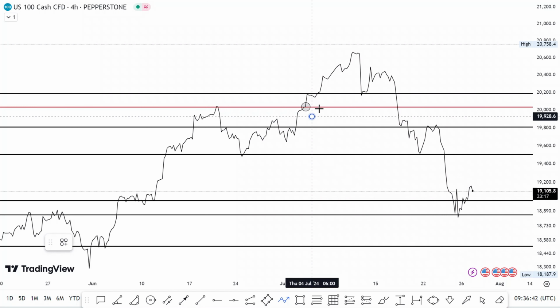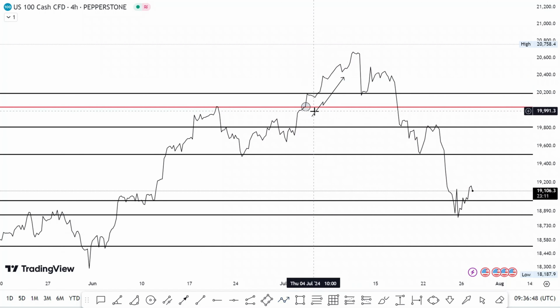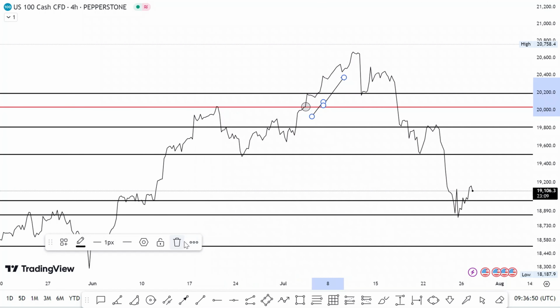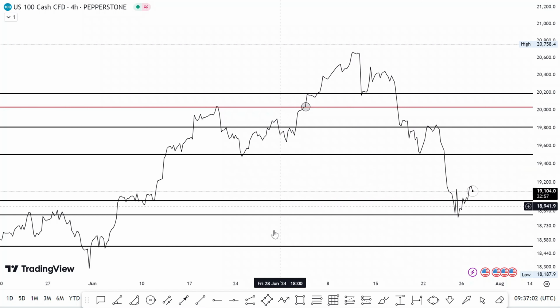You can see the market went up, then pulled back a bit before going back up. Remember, this is the 4-hour time frame, and this little pullback you see here can be a very strong support level in the lower time frame. So that's why I'm picking that area.